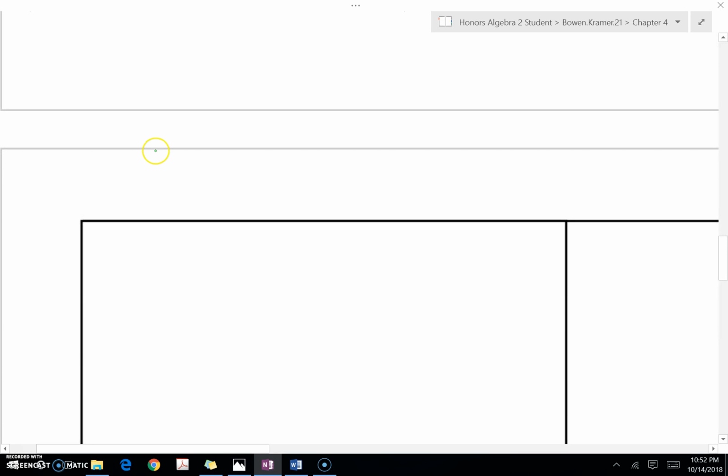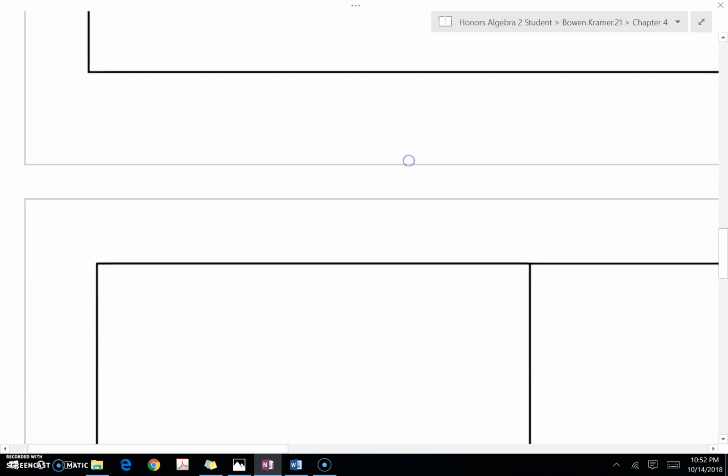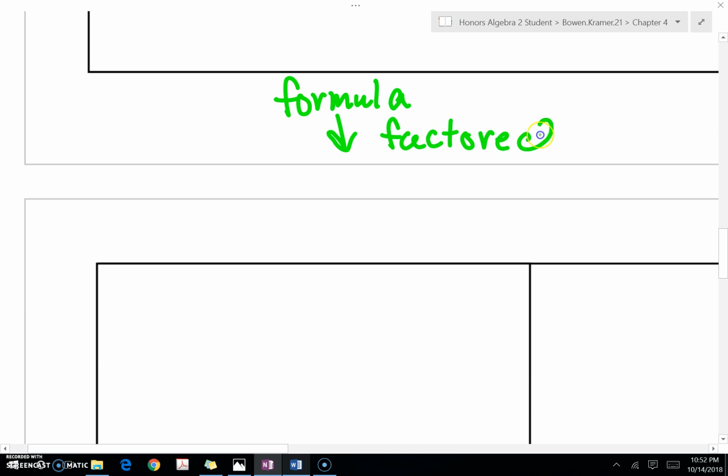Quadratic equations. So Matt just showed you the first step, and he took the formula and factored it. I'm doing the reverse of what we just did.